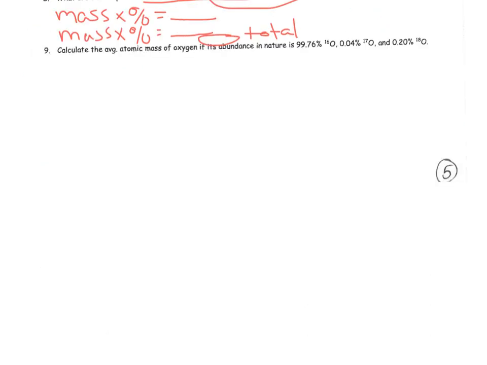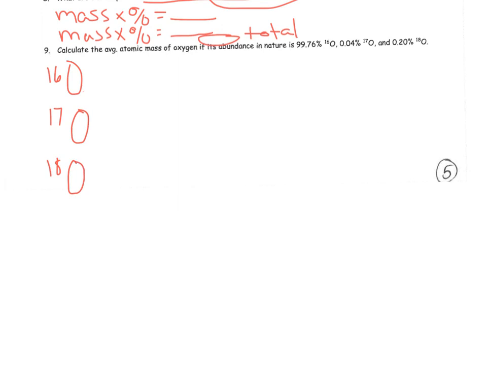So calculate the average atomic mass of oxygen. I have oxygen 16. Oops, I need to rewrite that or I'm not going to be able to read it. Oxygen 17 and oxygen 18. Oxygen has these three isotopes.